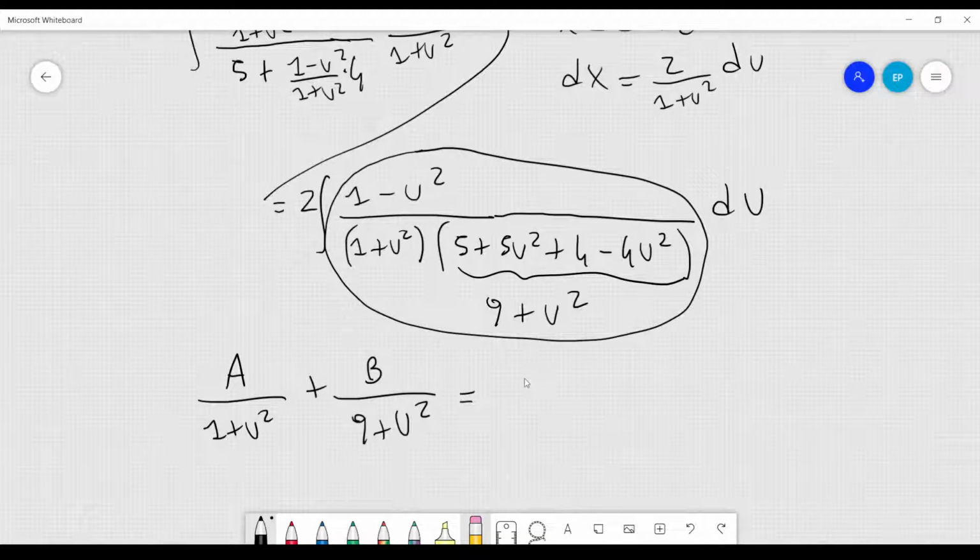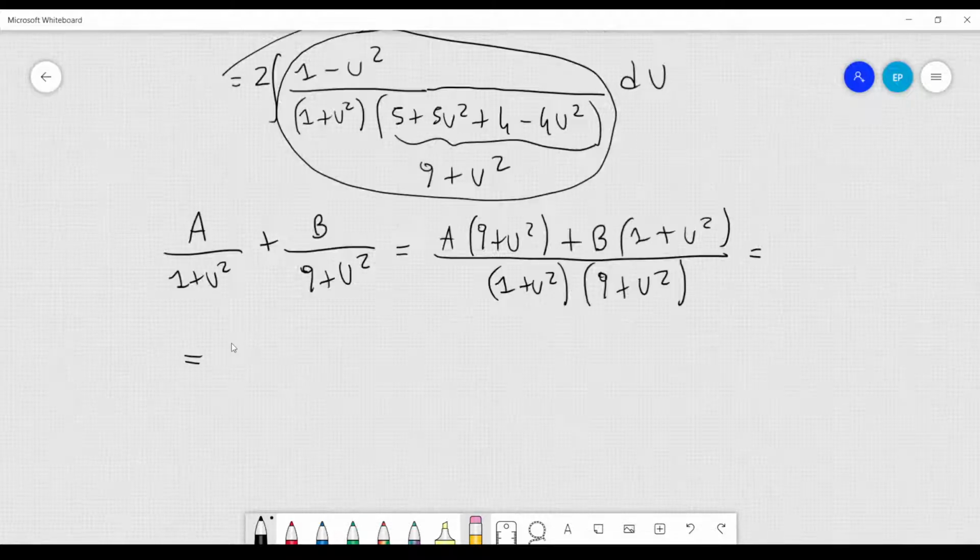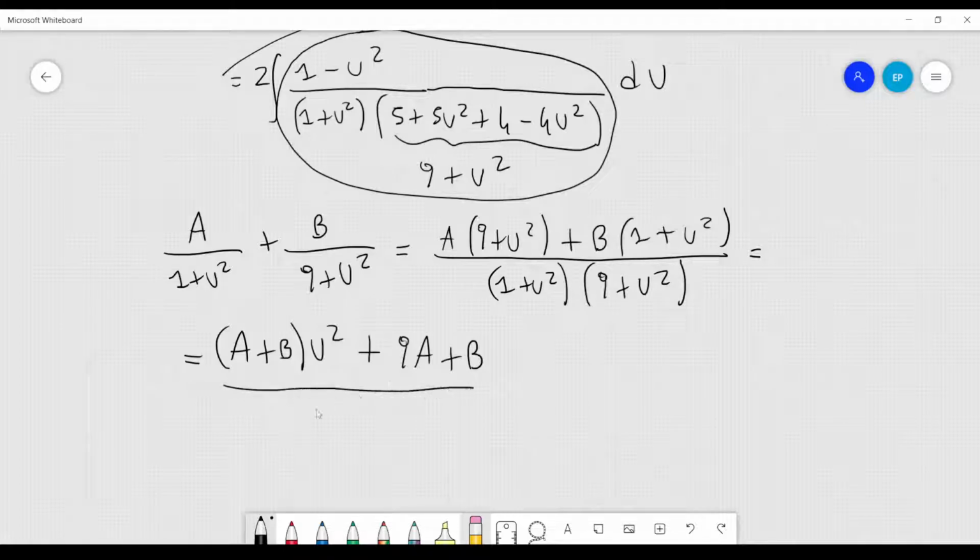So this is equal to A times 9 plus u squared plus B times 1 plus u squared divided by 1 plus u squared times 9 plus u squared, and this is equal to A plus B u squared plus 9A plus B divided by 1 plus u squared, 9 plus u squared.